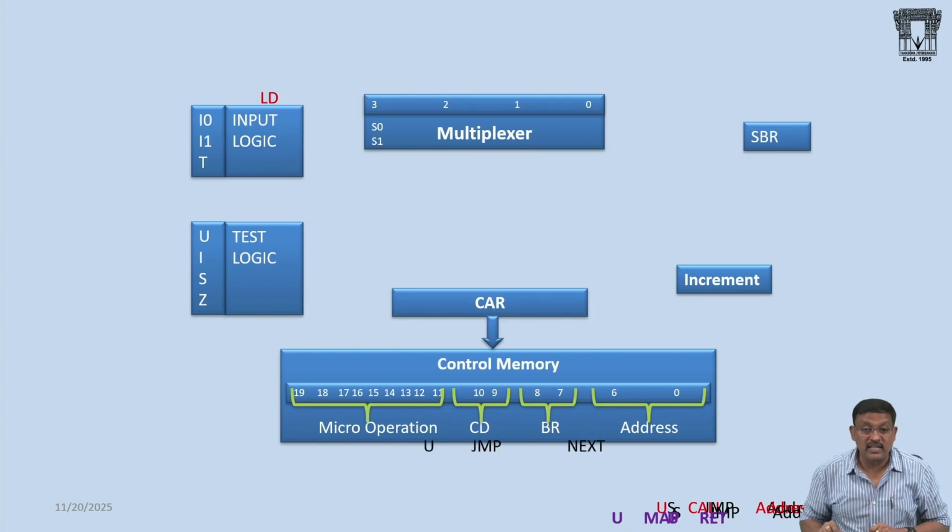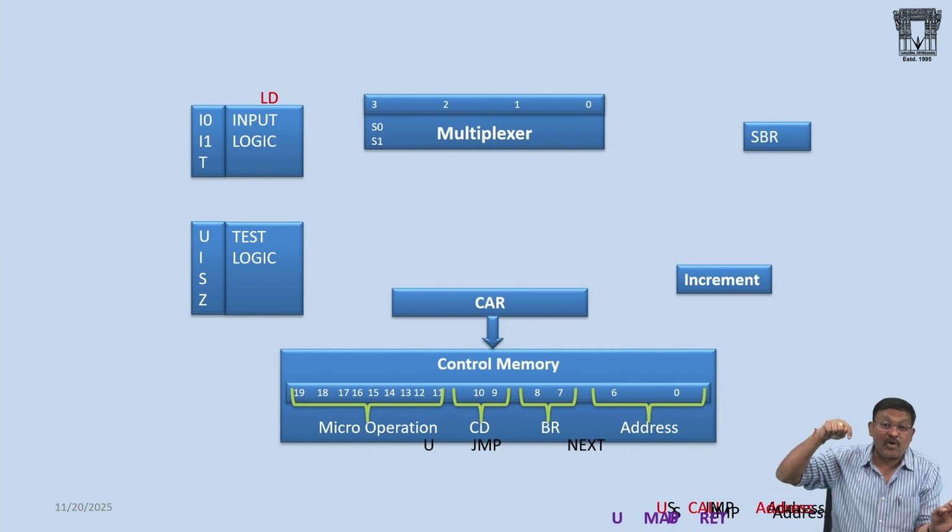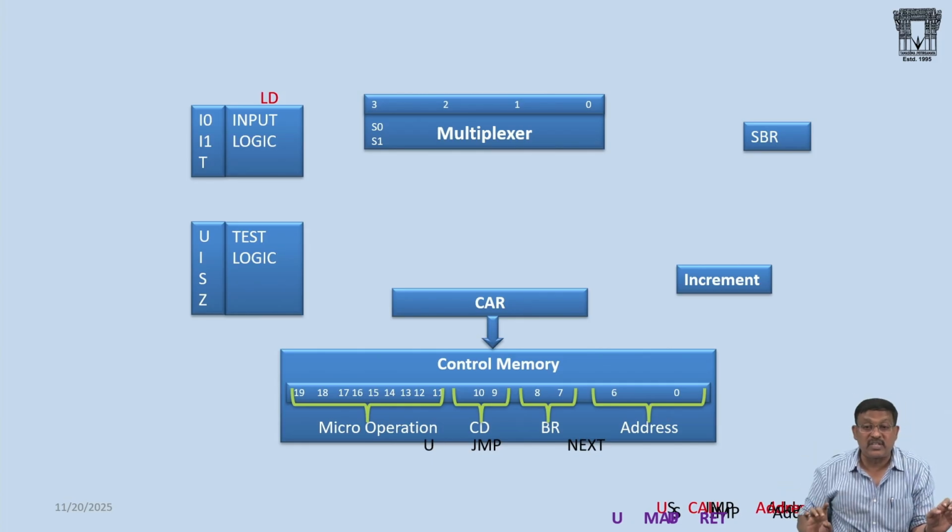Look at this. That is unconditionally jump next. That is the symbolic representation of the micro instruction format. Unconditionally jump next. What does it mean? My next address of the control memory is represented within the current micro instruction format.